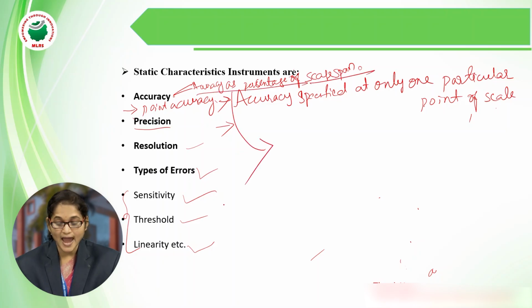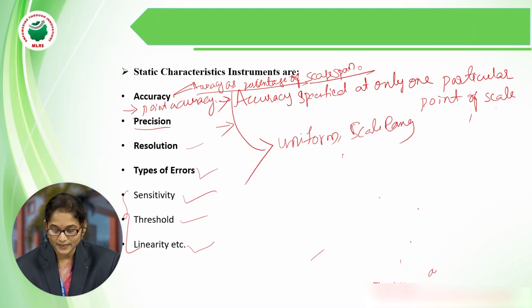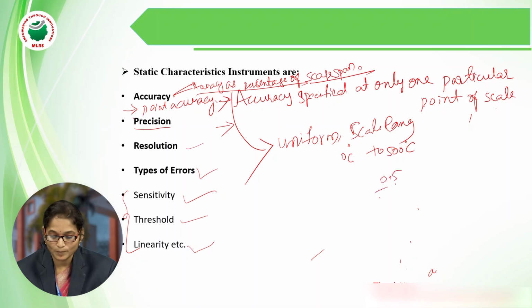When the instrument has a uniform scale, its accuracy may be expressed in terms of scale range. For example, 0 degrees Celsius to 500 degrees Celsius, and we calculate the percentage of 0.5 by 100 into 500.